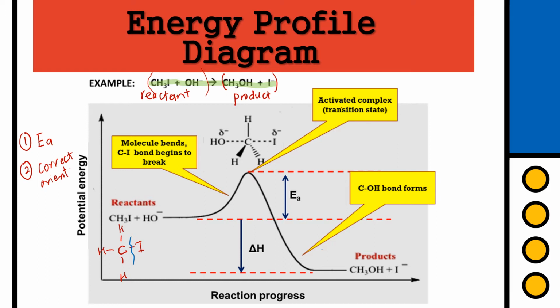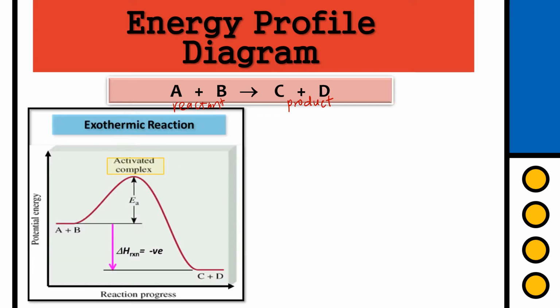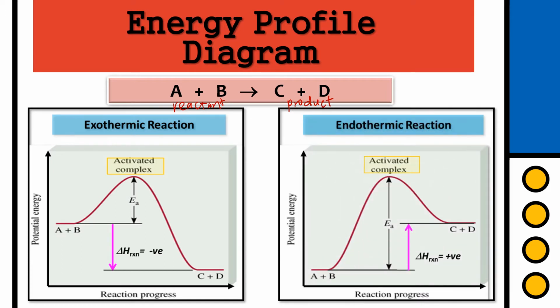So I give you here a general equation, A plus B to produce C plus D, where this is our reactant and here is our product. Okay, so I will show you two different types of energy profile diagram. The first one is for an exothermic reaction, and the second one is for an endothermic reaction.